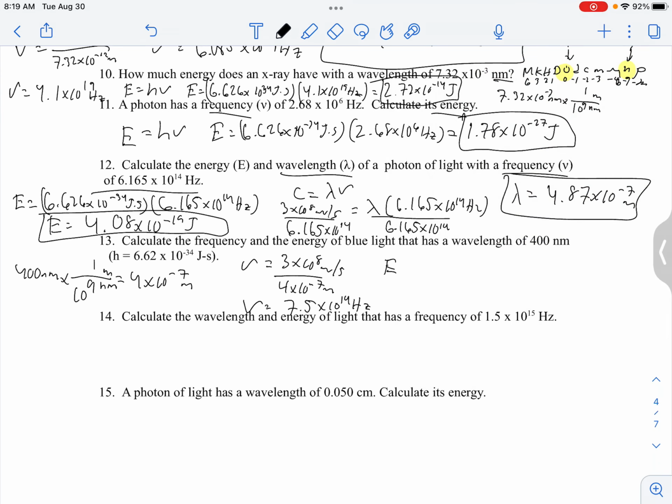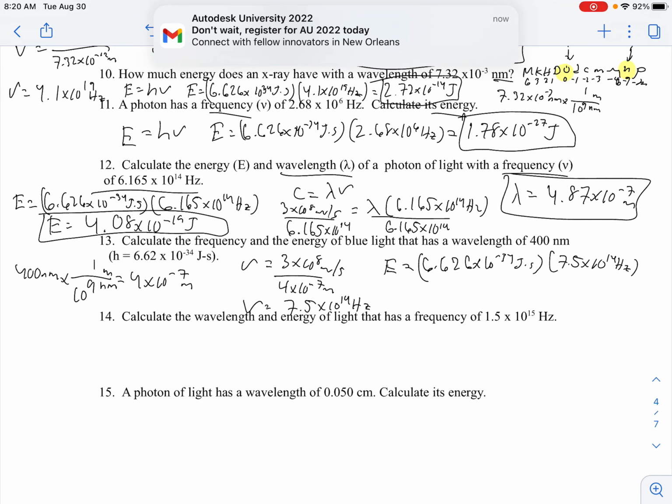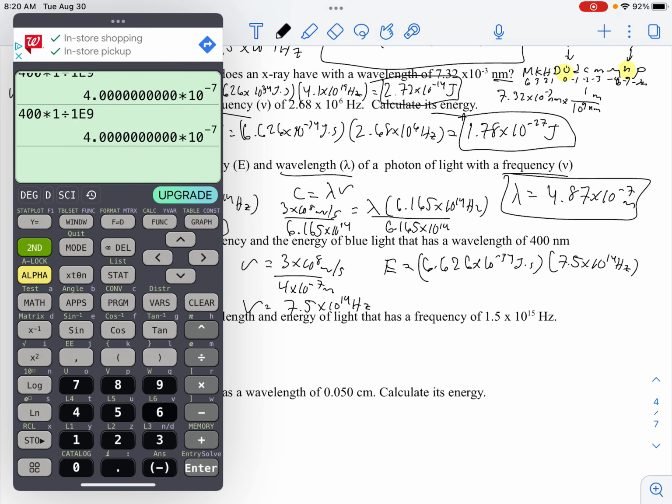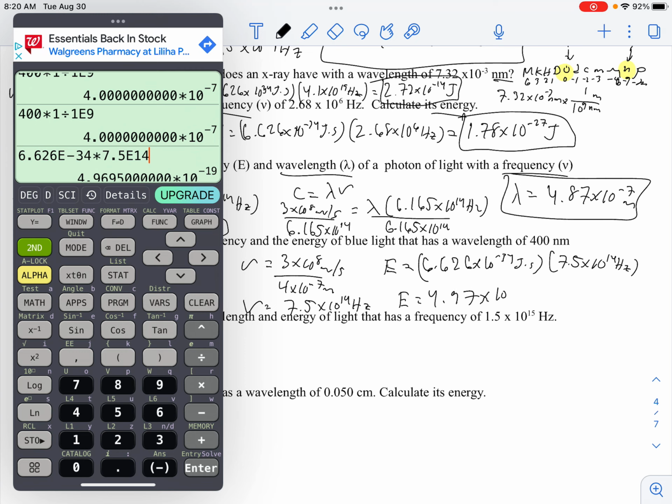And then lastly, energy: 6.626 times 10 to the negative 34 joules per second, times 7.5 times 10 to the 14th hertz. 6.626 e negative 34 times 7.5 e14. E is equal to 4.97 times 10 to the negative 19 joules.